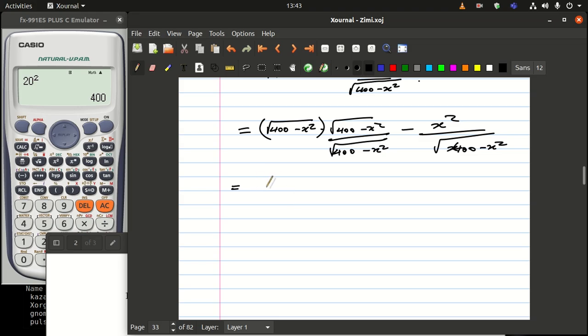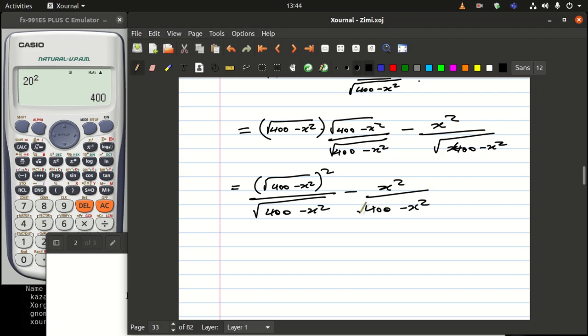Let me write it so that I'm not too fast. I will have a 400 minus x squared all over a 400 minus x squared, and then we have a minus x squared all over a 400 minus x squared inside a root. I have this and that on both sides, so I can take 1 and put it in the denominator.